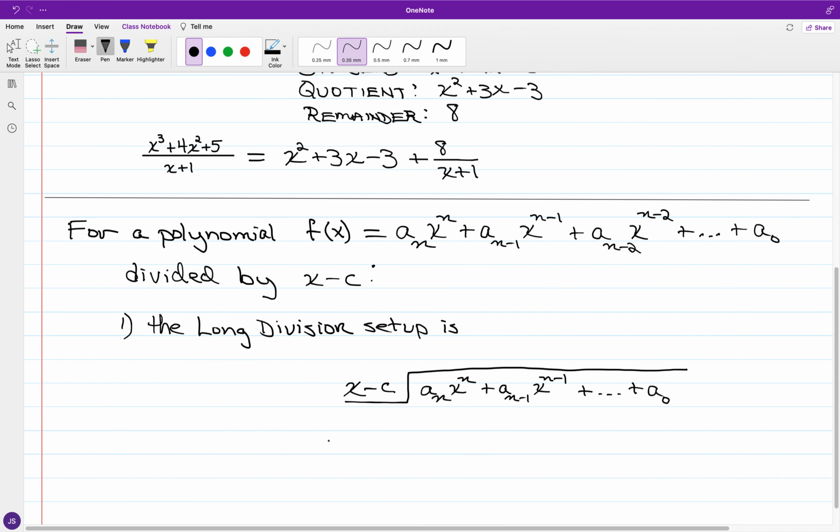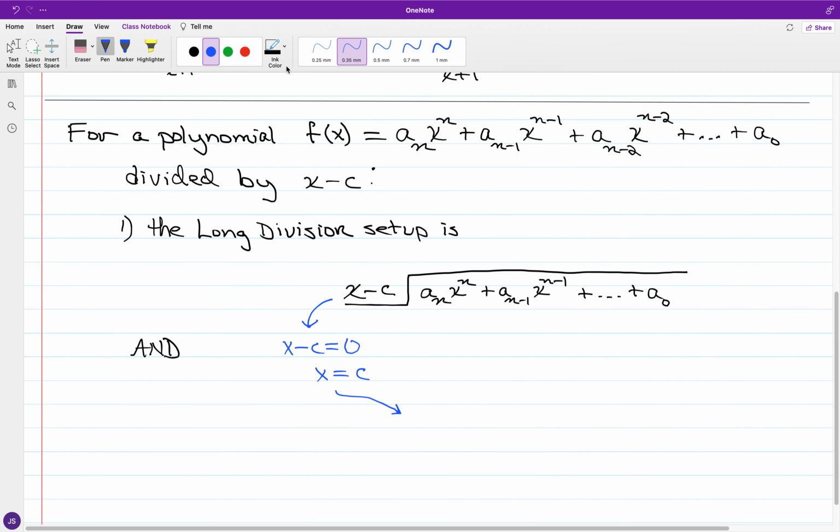So this is going to be your long division setup. Now, in the case of synthetic division, I'm going to have a different layout. Representing x minus c is going to be the zero of x minus c. If x minus c is equal to 0, we have x equal to c. So this is our long division.